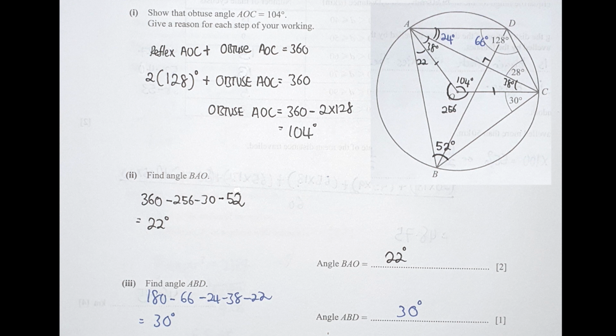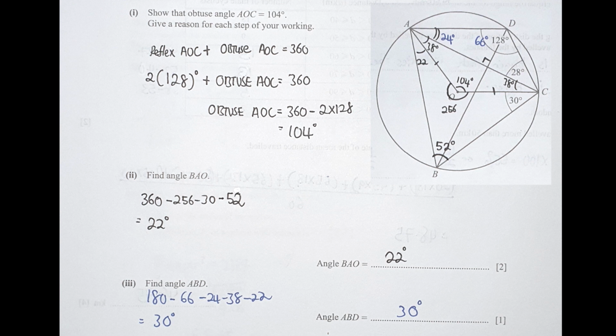Identifying angle BAO here. We'll be using the part that is ABCO. So this is a quadrilateral with 4 sides, so the total angle here is 360.